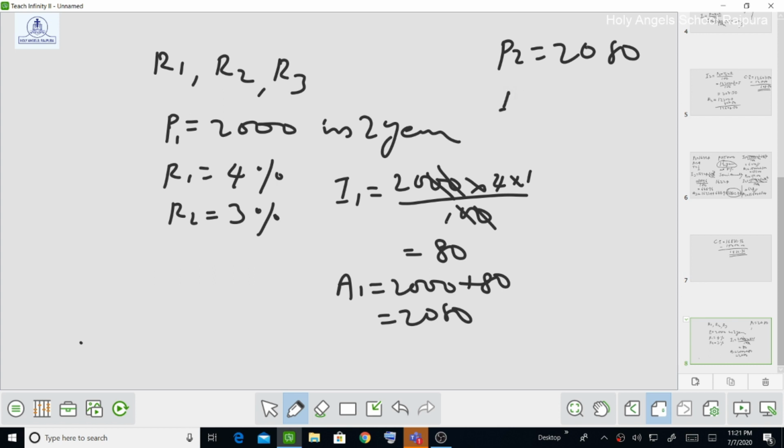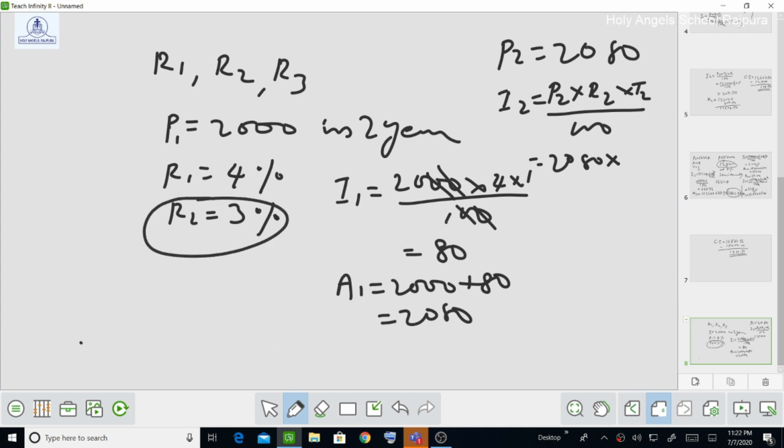Now I2 is equal to P2 into R2 into T2 upon 100. That is 2080 into the rate of interest for the second year, which is different, not 4 percentage.